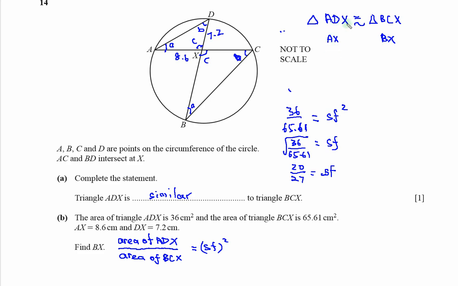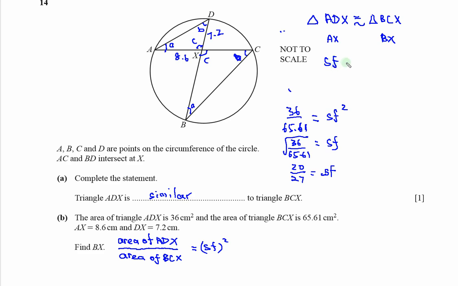Okay, AX versus BX, first and third, first and third. Now AX is given, and then you're going to find the BX. Now let's go back to the scale factor.